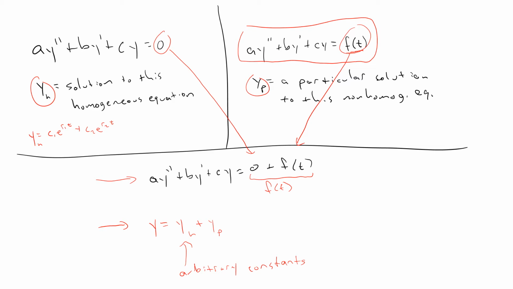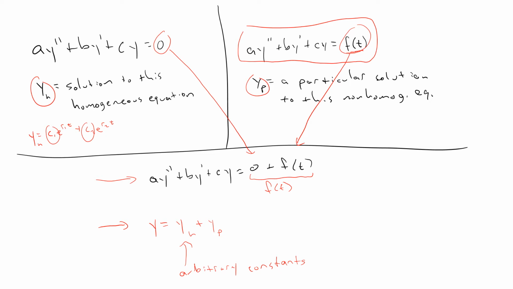If we had repeated roots, then we'd have e to the rt and then t e to the rt. If we had complex roots, then we would have sines and cosines involved. All of those cases that we learned about give us the solution to this homogeneous equation, and this solution to the homogeneous equation involves two arbitrary constants. So when I write this solution down at the bottom, yh plus yp, that yh will contain two arbitrary constants.